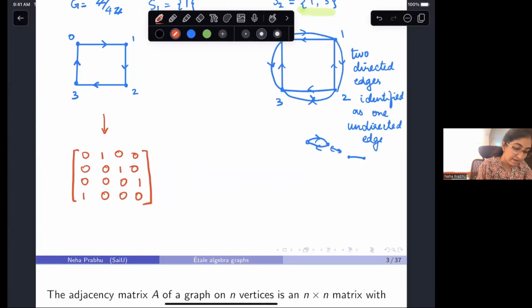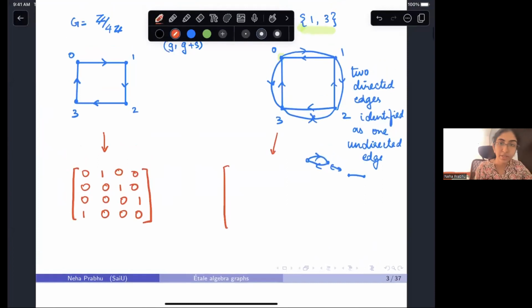And similarly, if I do it for this one, now I have more edges. There's one from 0 to 1 as well as 1 to 0. Okay, 0 goes to 3 as well.